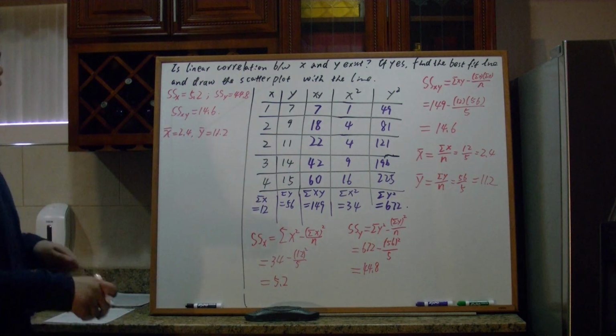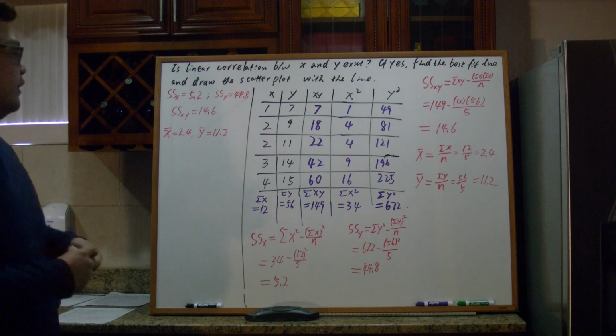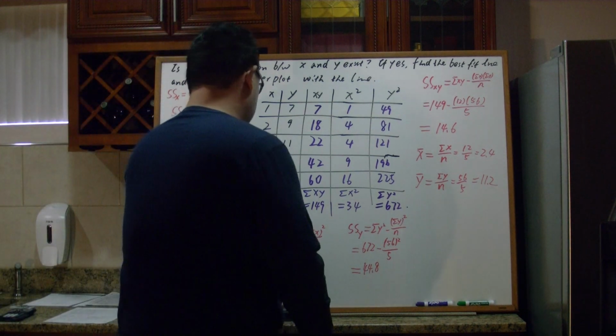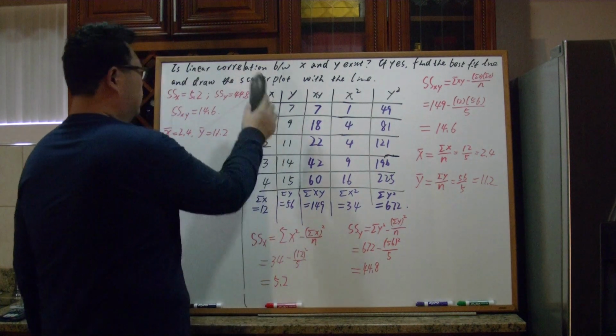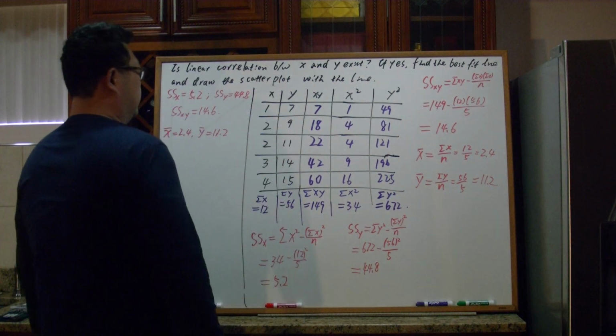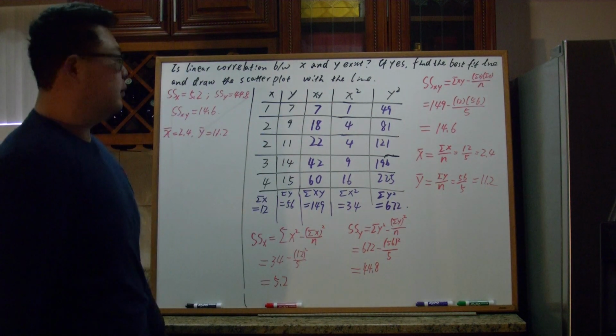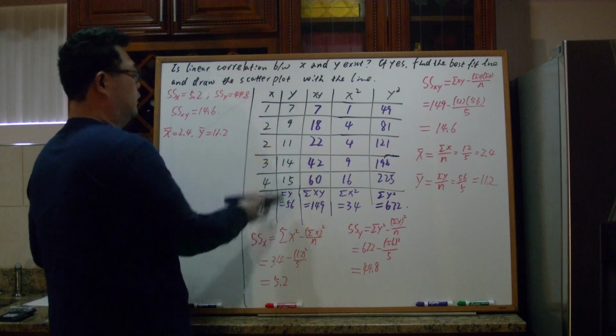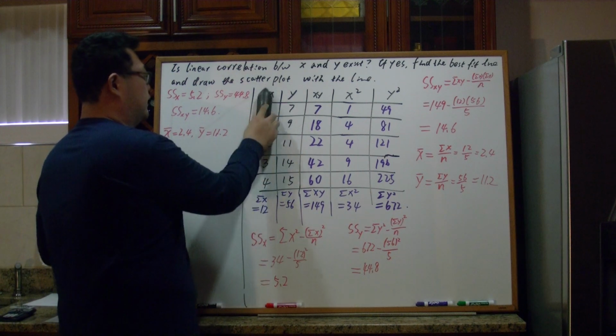Those are the values we need and the calculation on the right side. So we do not need that table until we draw the scatter plot at the end. So you could write the table of x, y values down.